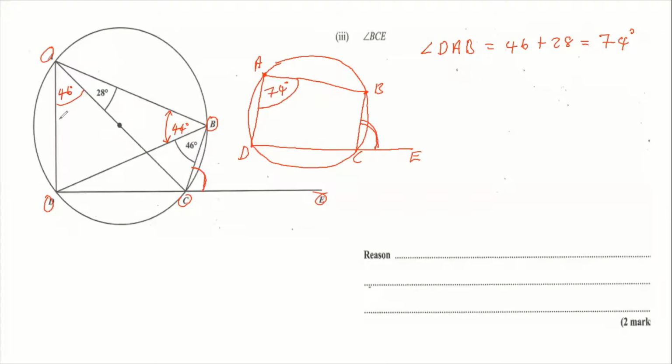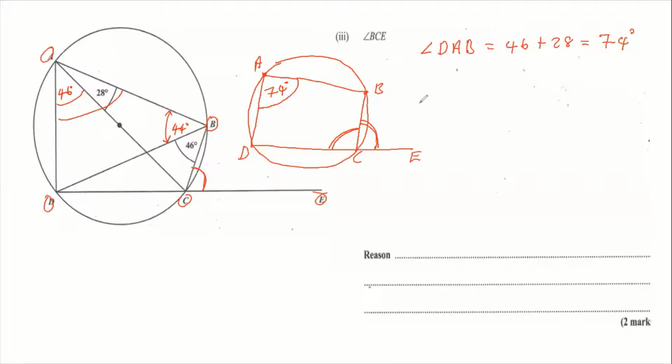So all of this angle here is 74 degrees. Which angle is opposite to it? This one down here at C. That angle there is opposite to this one. So if we find this angle, then we can find the outside one that they originally asked us to find.